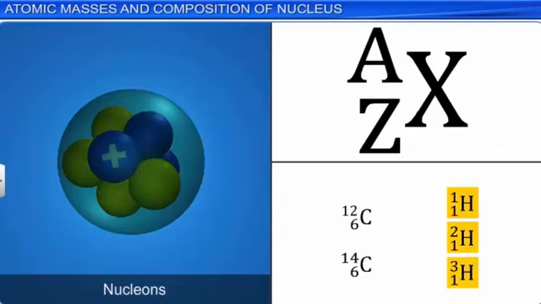H-2 is referred to as deuterium and H-3 is referred to as tritium. The deuterium nucleus has 1 proton and 1 neutron, whereas the tritium nucleus has 1 proton and 2 neutrons respectively.